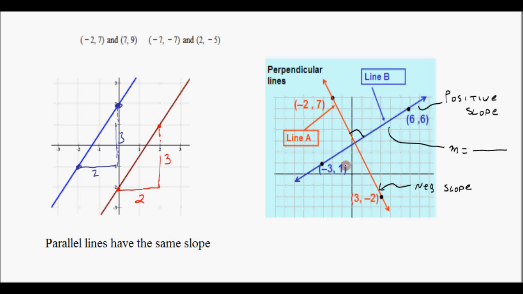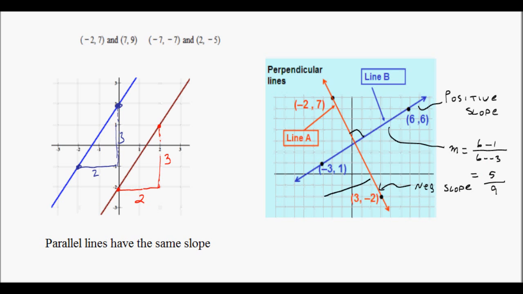This is 6 minus 1 over 6 minus a negative 3. Well, this turns into 6 minus 1, which is 5. 6 minus a negative 3 is the same as 6 plus 3, which is 9. So this has a slope of 5/9.